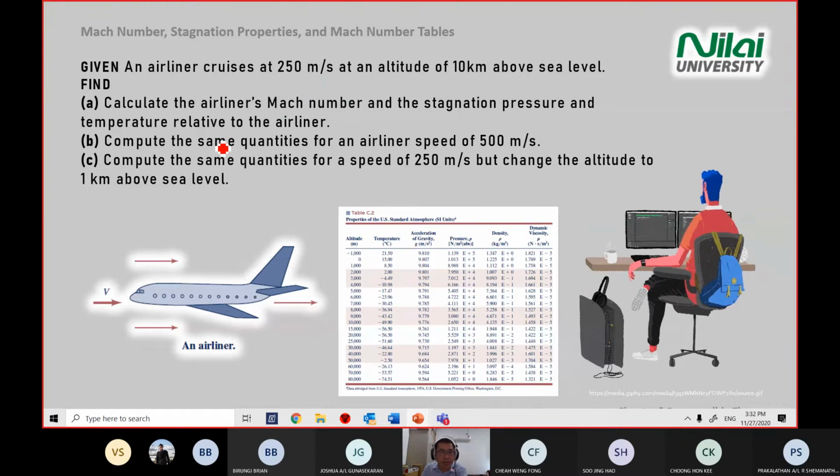Then the second one we need to find is what happens if this aircraft doubles the speed from 250 to 500. What happens to the Mach number? What happens to the stagnation pressure? The next one is what happens if this aircraft maintains the same speed but changes altitude?